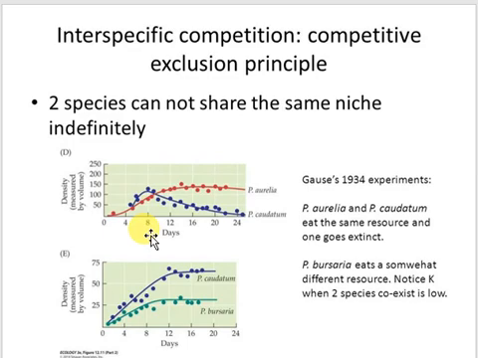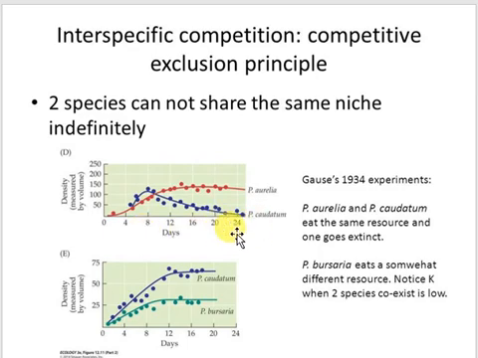What he observed was that when aurelia and caudatum were grown separately in separate cultures under their ideal conditions, both grew to a high maximum. But this was significantly different when they were grown together in the same culture. When they were grown in the same culture, one actually died out.